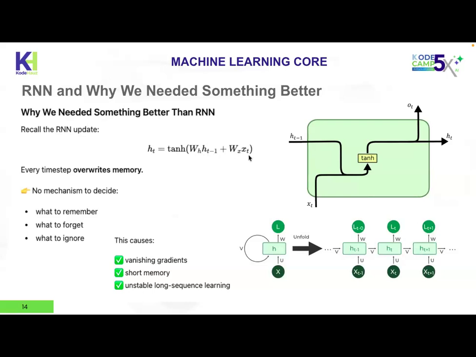So the output is always going to be the weighted sum of the actual input at a particular point in time plus the previous output, also weighted. And all of that, of course, is passed through a hyperbolic tan activation function. And that gives us what we call the hidden state.